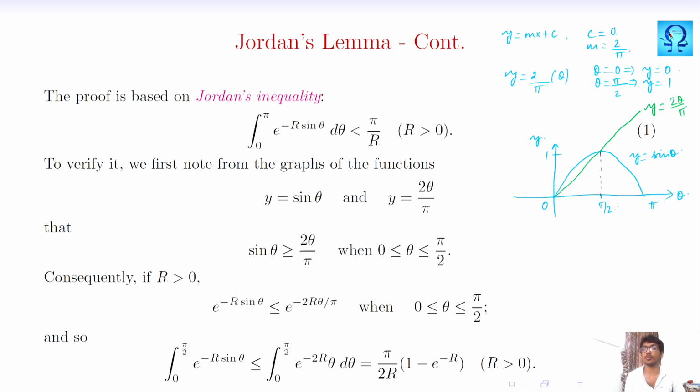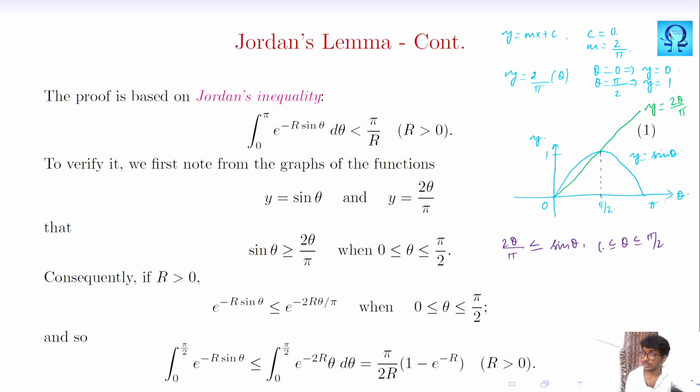From 0 to pi by 2, something is happening. The blue curve lies above the green one. What is the green one? That is 2 theta upon pi, which is going to be smaller than or equal to sine theta when theta takes values in the range 0 to pi by 2.